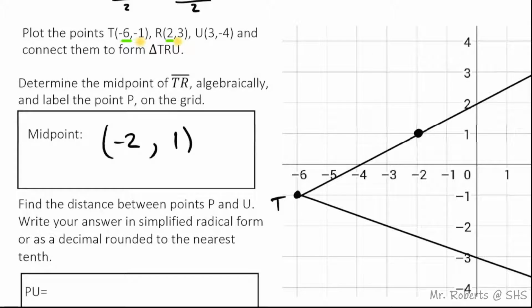And also I can kind of confirm this in terms of the slope, because I can see here there's a rise of 2 and a run of 4, a rise of 2 and a run of 4. So I believe we've got the midpoint. And it also says to label that midpoint P. So this was a missed part of the test for some of us. So I'm going to label that point P.